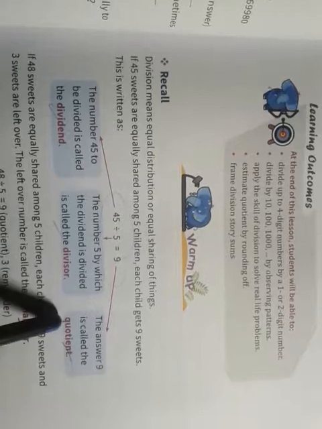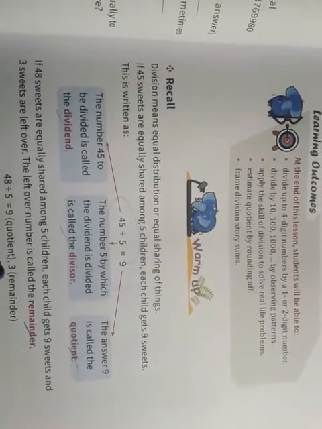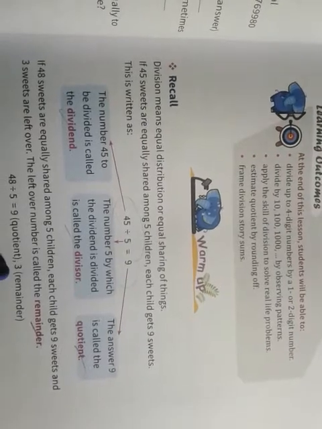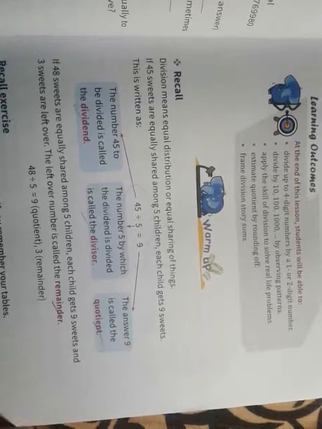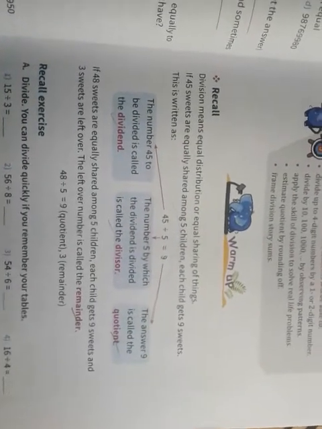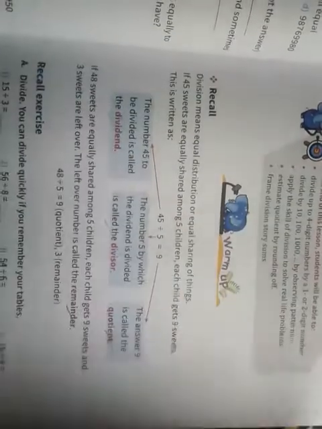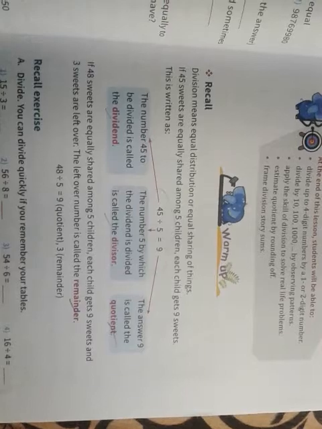The number which divides is known as the divisor, and the answer we get after division is the quotient, and whatever number is left after division is known as the remainder. I think you know these things, as you have been taught in your lower classes.